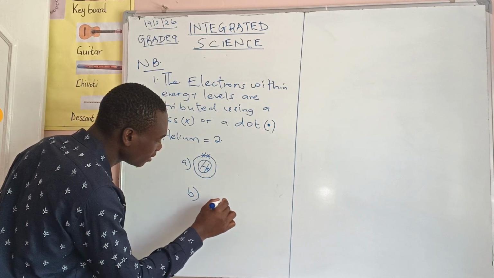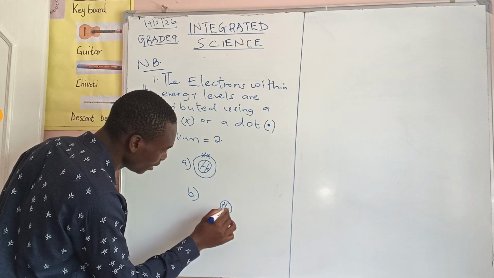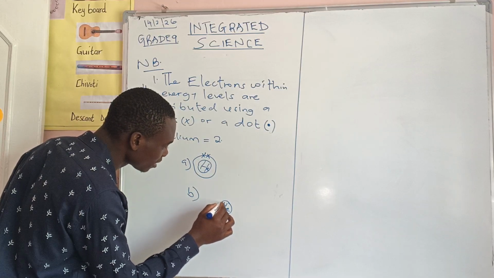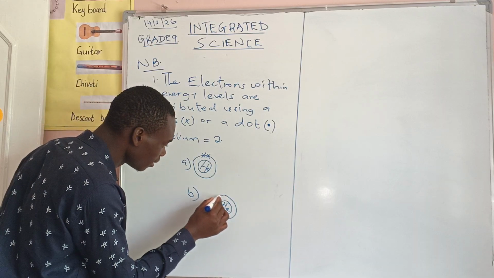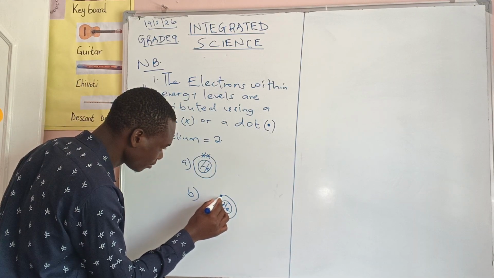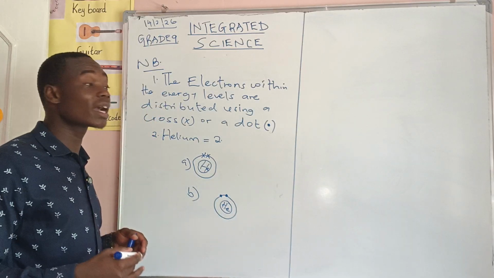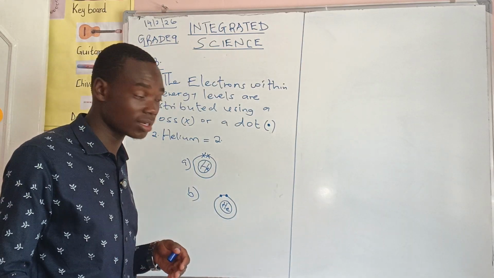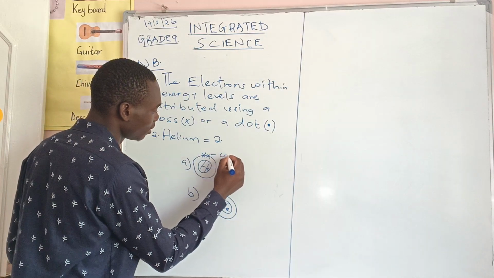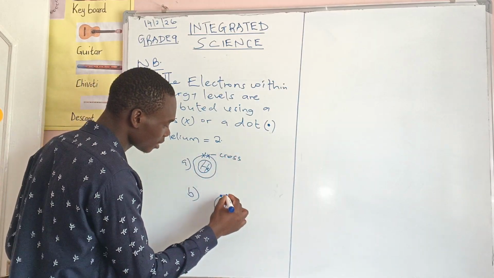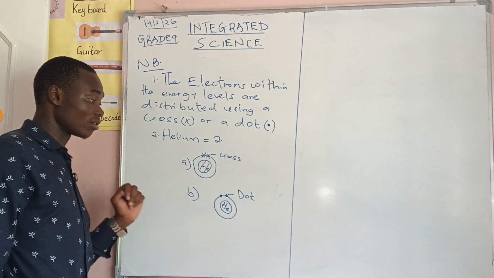So those are the electron distribution using crosses, this is A, and then there is another, B. So we can again draw it using dots. We have helium as the element, the first energy level, with the first electron and the second electron. You can see how we can distribute these electrons using crosses, and these are dots.